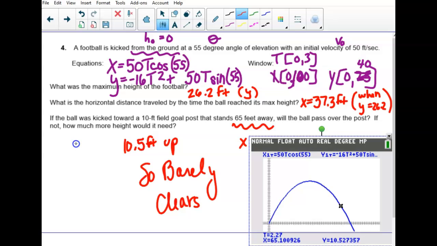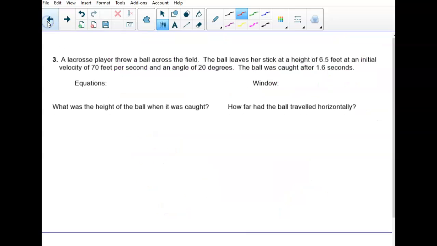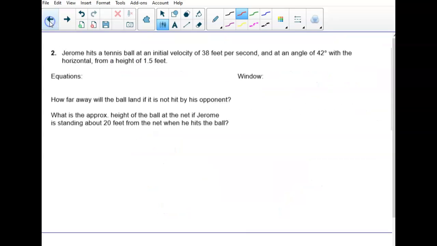At 2.3 seconds, it had passed the 65 feet, so I wanted to go a little bit less than 2.3, so I tried some hundredths. I'm not going to necessarily put one on a quiz, you have to get that accurate, but all right, I'm going to stop the recording for a minute and ask you guys to work on 2 and 3, and then I'll put the answers up here on the record.